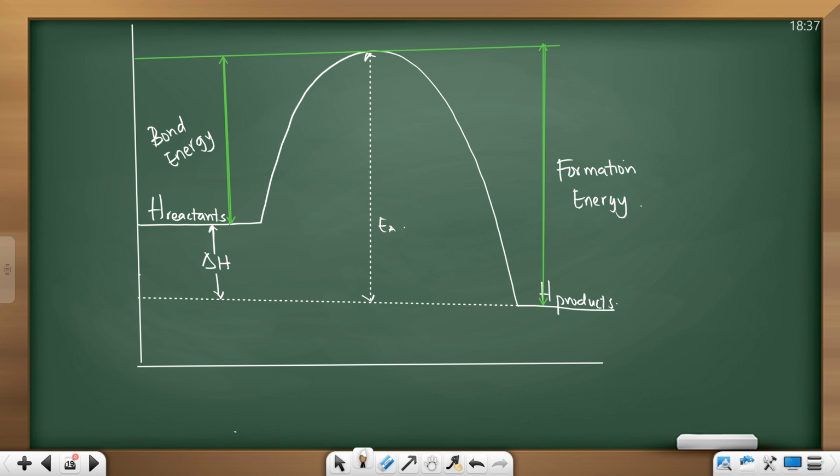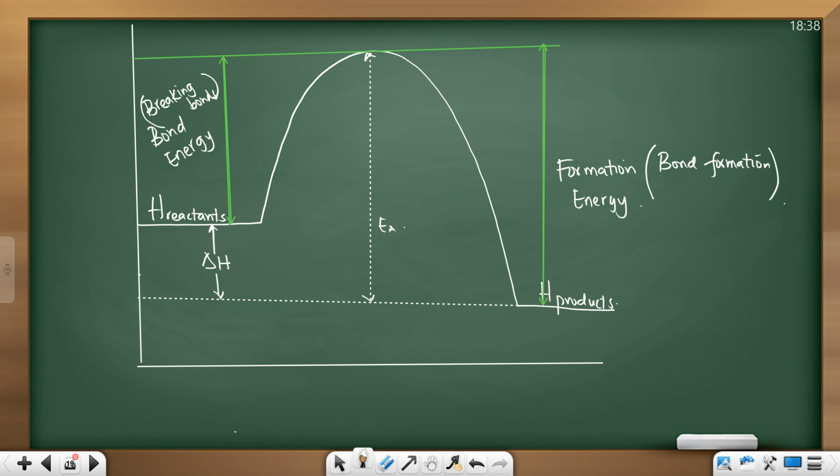But we are forming, so can you see it goes to the activation energy, the activated complex, and then that's when we start forming the products. So that whole length is called formation energy, while this one is called bond energy. This is breaking the bonds. Energy required to break bonds, and energy required to form bonds, bond formation.